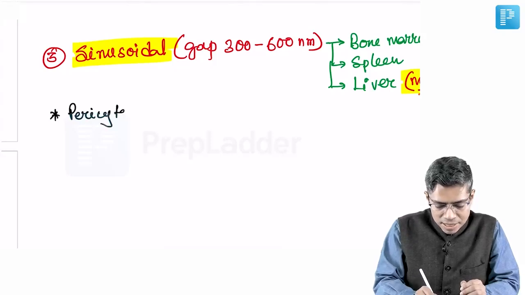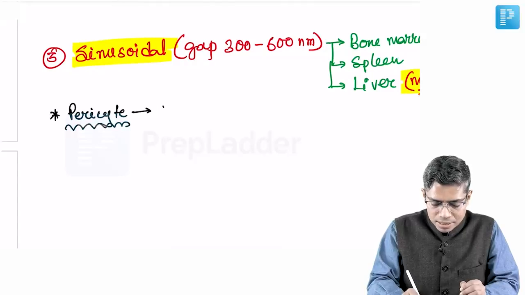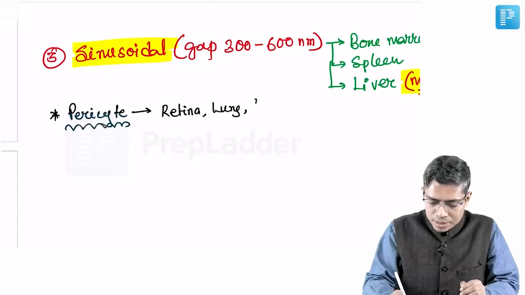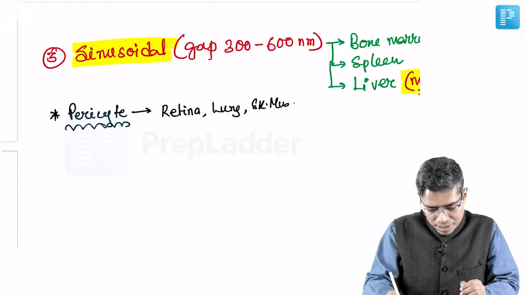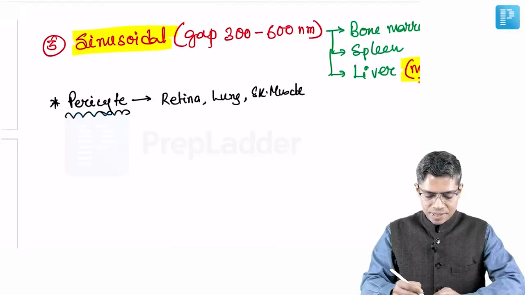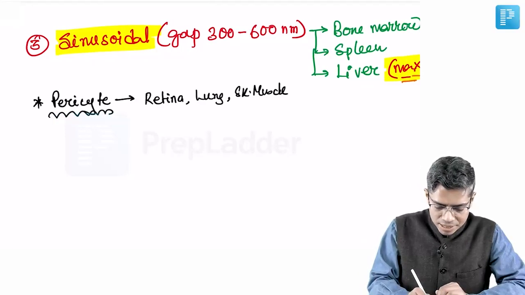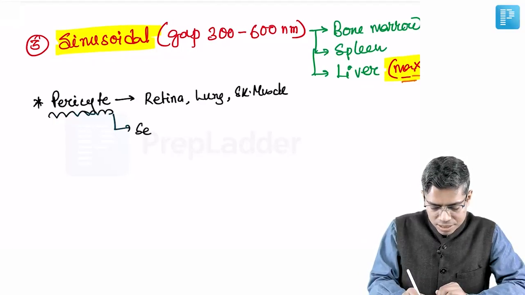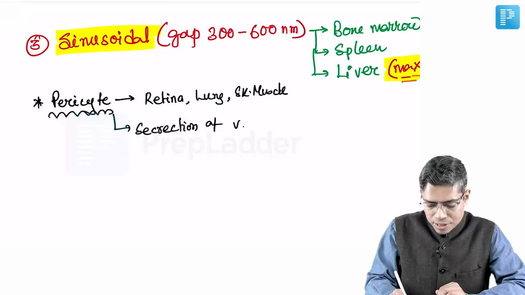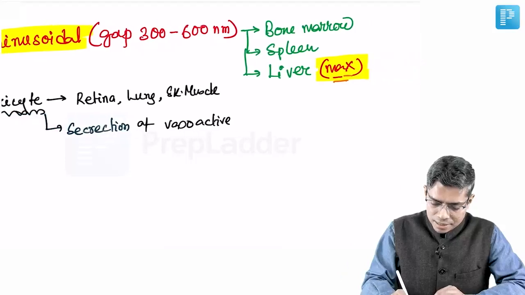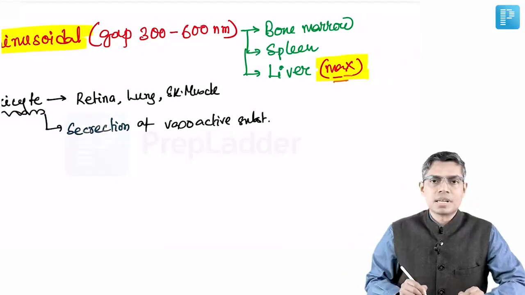Pericytes are present surrounding the capillaries at the level of retina, lungs, and skeletal muscle, right? So what is the pericyte doing? Pericyte basically secretes certain vasoactive substances.